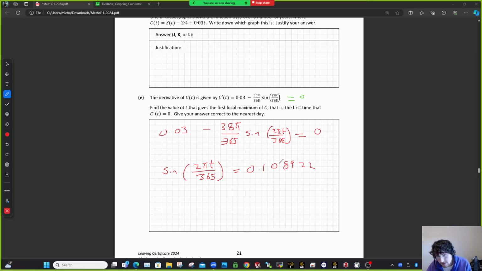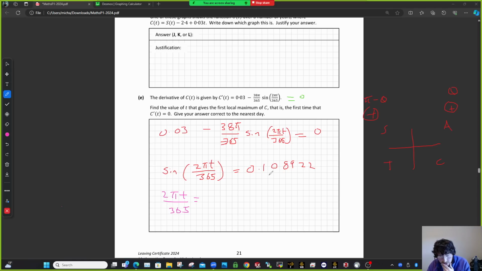Now, sine functions are a bit like quadratics. They always give 2 values, so you need your CAST diagram for this, C-A-S-T. The sine is equal to a positive number, and the 2 places sine is positive are the first and second quadrants. This quadrant is known as theta, and this quadrant here is your pi minus theta. Because we're in radians as well, you just take the sine inverse of that. The first solution says that the inside of that sine equals sine inverse of this thing.